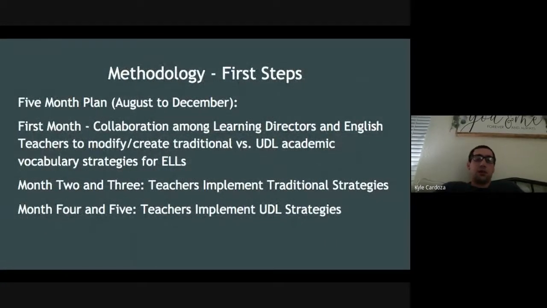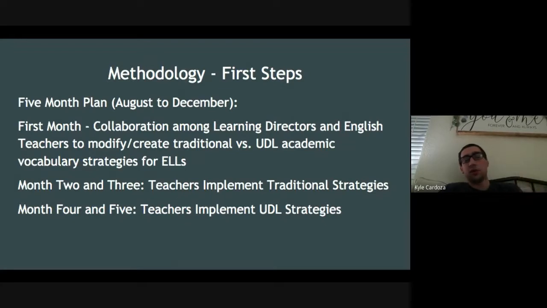Okay, so the methodology, and this is where it's going to get really complex. Hopefully I can explain it and clarify things as I go along. Basically, what I'm hoping to do is a 5-month plan, and this 5-month plan represents one full semester in my school district, or at least my high school.